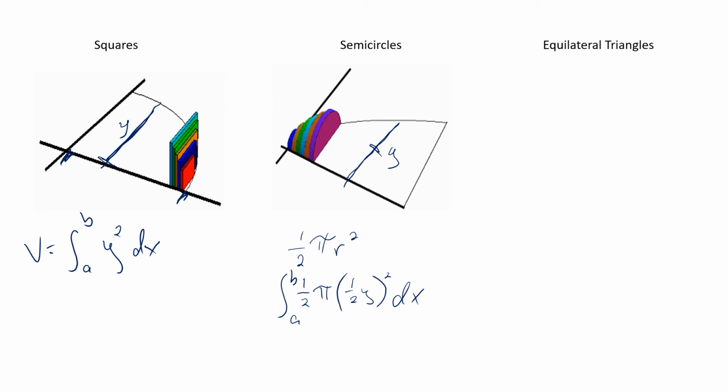The height could be twice the base, in which case we would just have to multiply by 2. But whatever it is we're doing, we're probably going to have a y times a y, or the top minus the bottom times the top minus the bottom, somewhere in there. There just might be other things. Same thing with rectangles. It could be a rectangle where it's twice as tall as it is wide. Same as a square, except we have two of them.